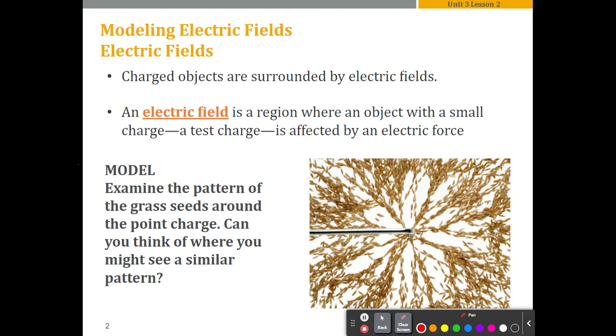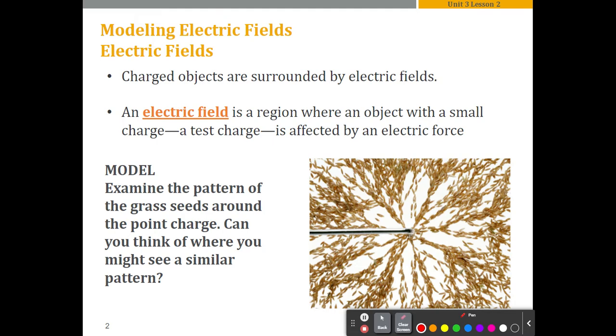If you take a point charge, so here we have a charged object, this metal piece is charged on the tip. If we call that a point charge, and we take a bunch of grass seeds and scatter them around that point charge. Grass seeds are very, very small.